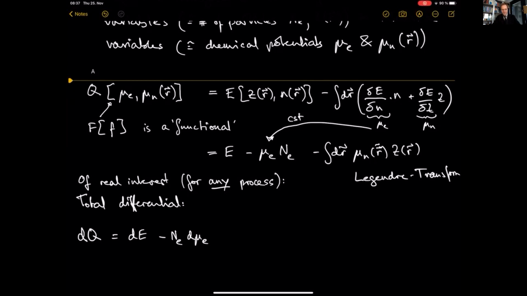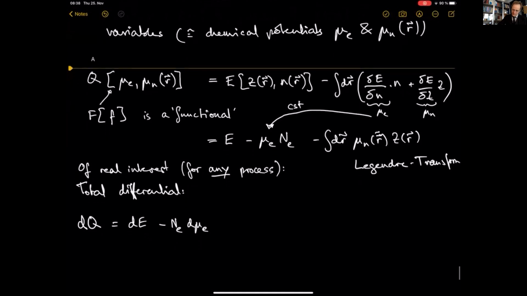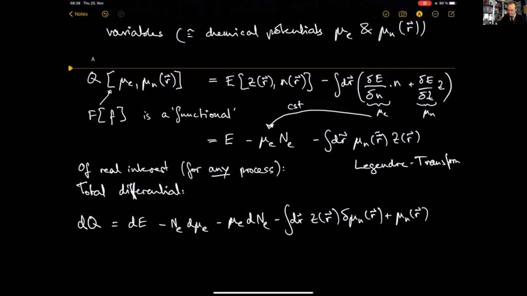These terms are the energy, the product of number of electrons and electronic chemical potential, think HOMO or LUMO eigenvalue, and the integrated product of your nuclear chemical potential and your proton charge distribution. So that's why, as you go to the total differential, you first get this Ne d mu E minus mu E d Ne, and then the same for the integral of d of mu N of R times C of R, plus dE of R.